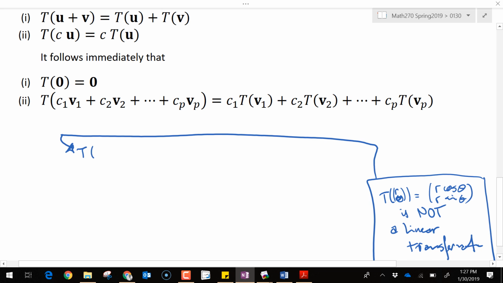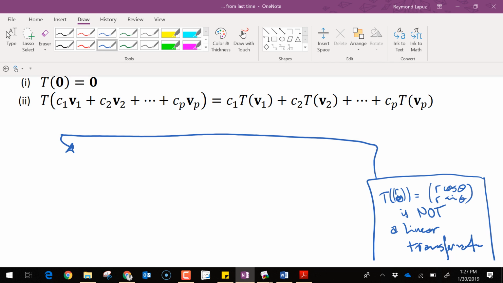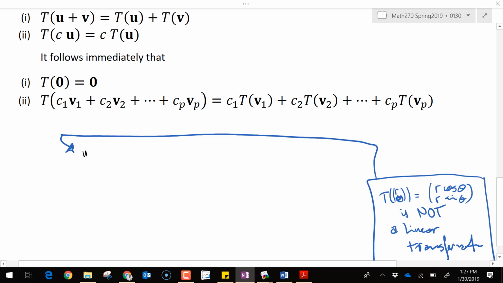So actually, let me get this straightened out first. Let's let u equal to r1 and theta 1, and let v equal to r2 and theta 2.